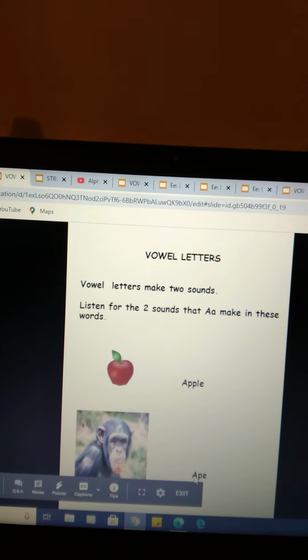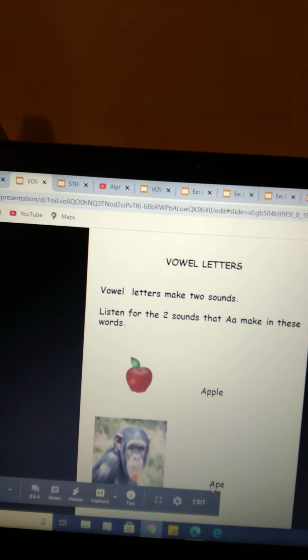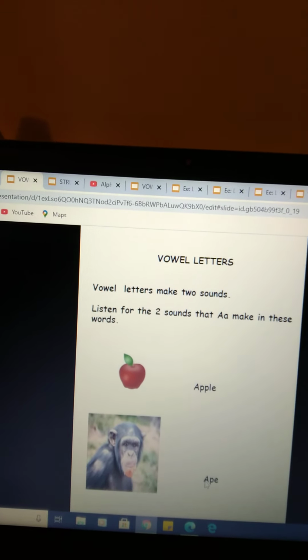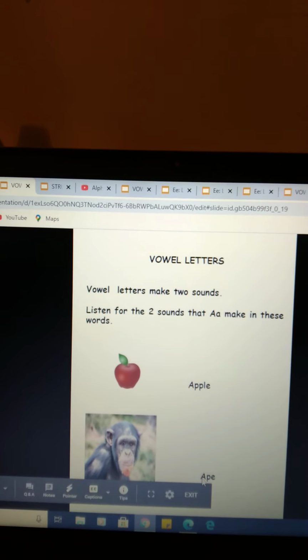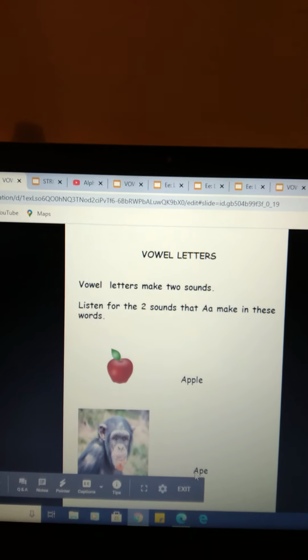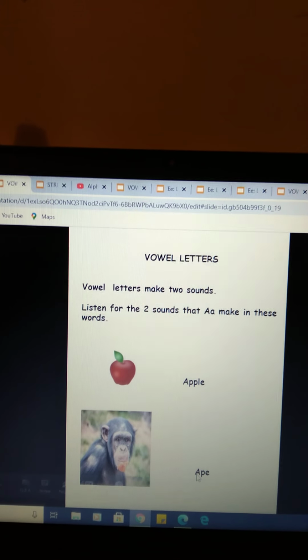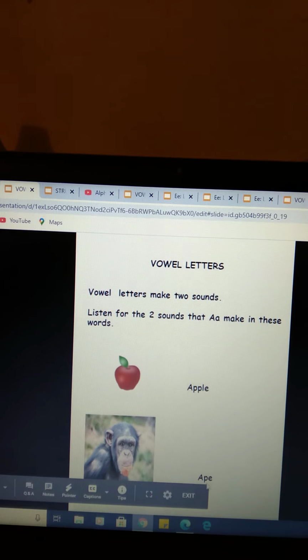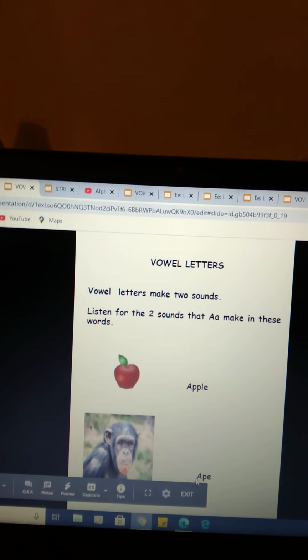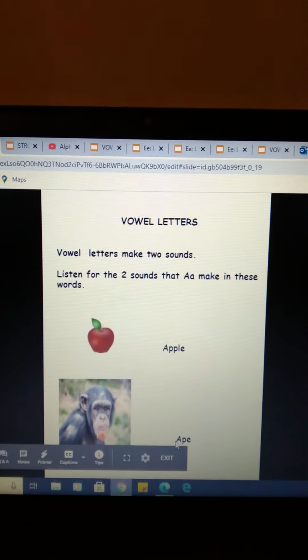Now remember, when the arrow is under the letter, that letter is saying something, okay? So right now the arrow is under the A. Listen for the sound that the A makes. Ape. What sound did the A make in this word?